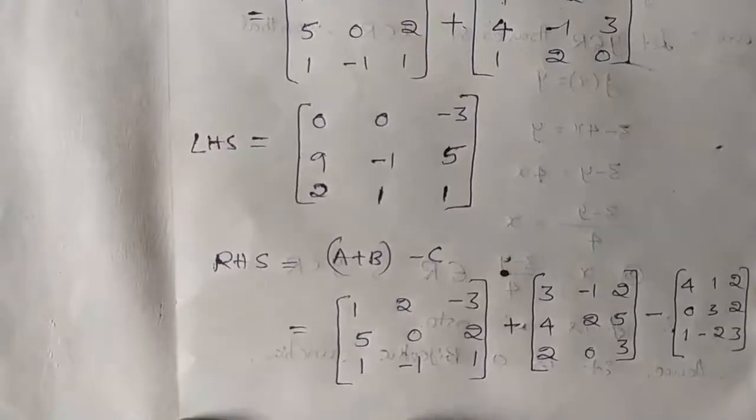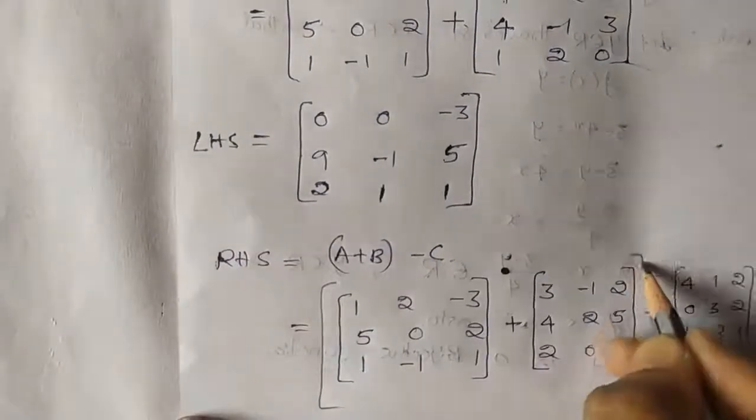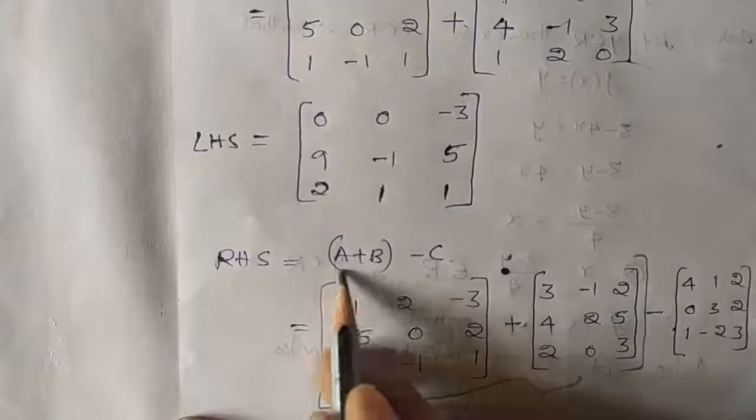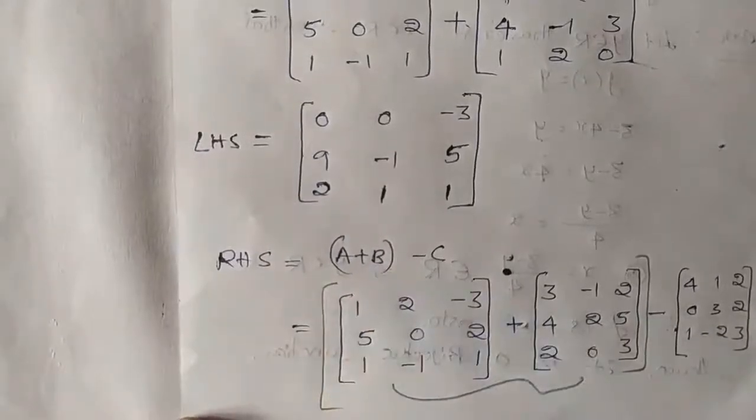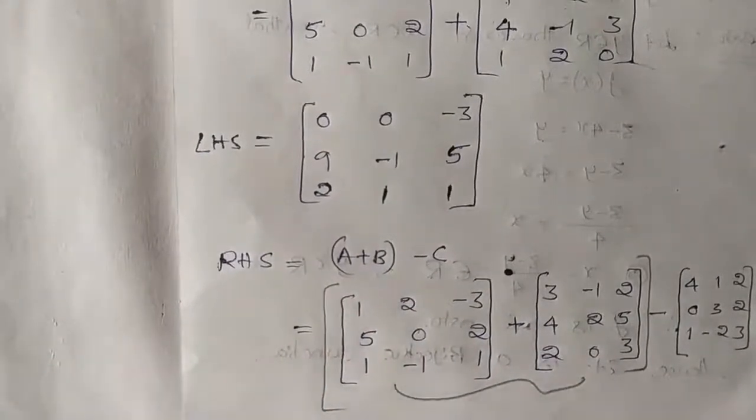Add these two matrices first because he has given brackets for A plus B. So add the corresponding elements.